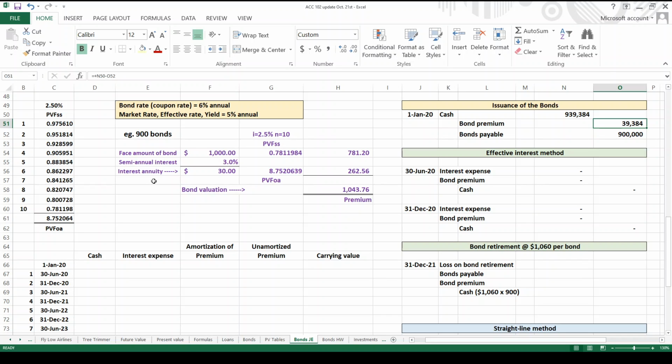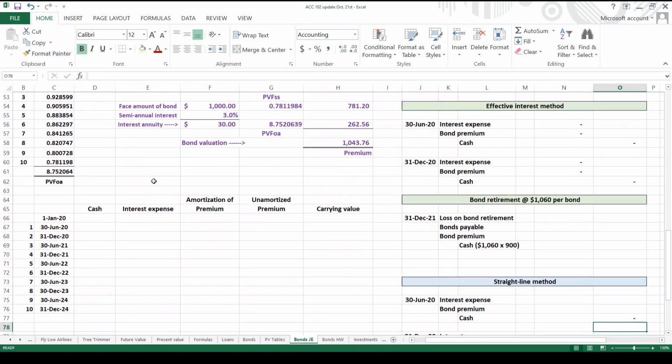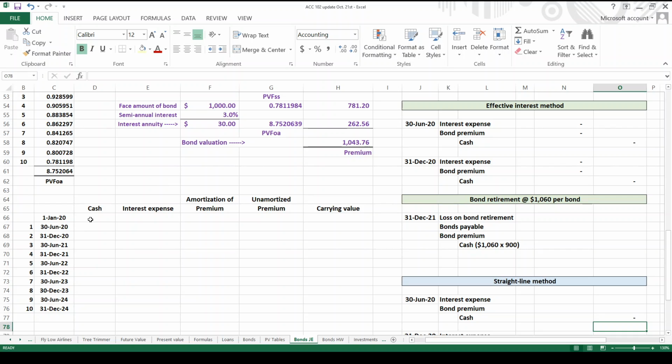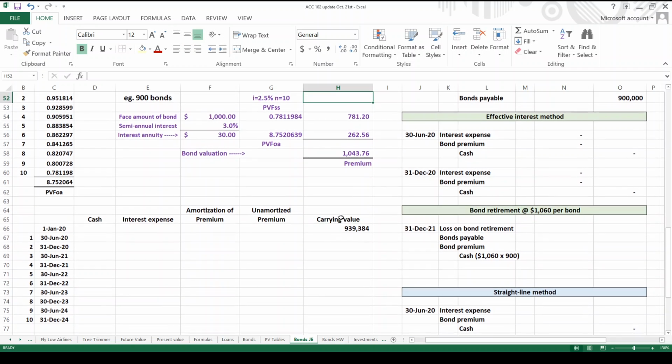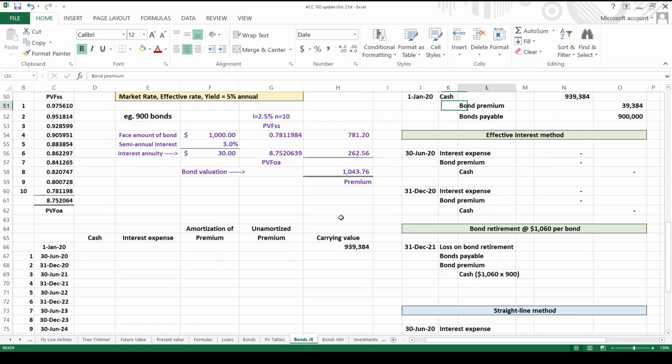So can we use the handy little chart again? Well, of course we can. And this is the beauty of Excel, right? Because you could see how quickly you can do this. We just need the right formulas, right? So let's take this number over here again. That's what we're selling the bonds for, $939,384. And what's the bond premium?